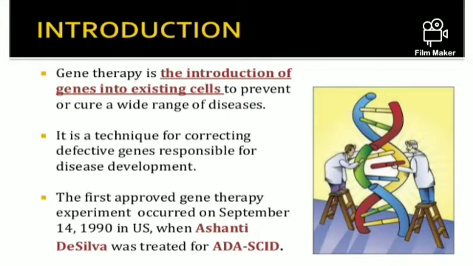If a family has a history of a disease from the first to the second to the third generation, then you have to correct it by using gene therapy. The first approved gene therapy experiment occurred on September 14, 1990, just recently.